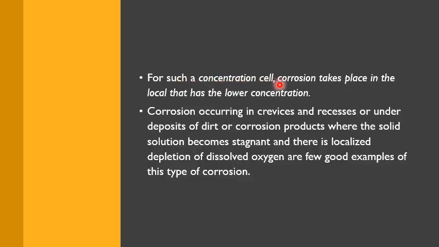For such a concentration cell, corrosion takes place in the local region that has a lower concentration. And corrosion occurring in crevices and recesses or under deposits of dirt or corrosion products, where the solution becomes stagnant and there is localized depletion of dissolved oxygen, are a few examples of this type of corrosion.